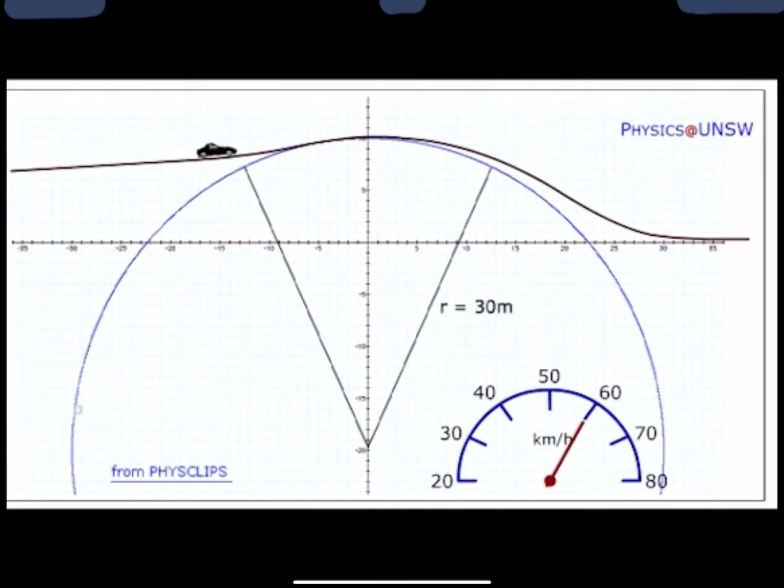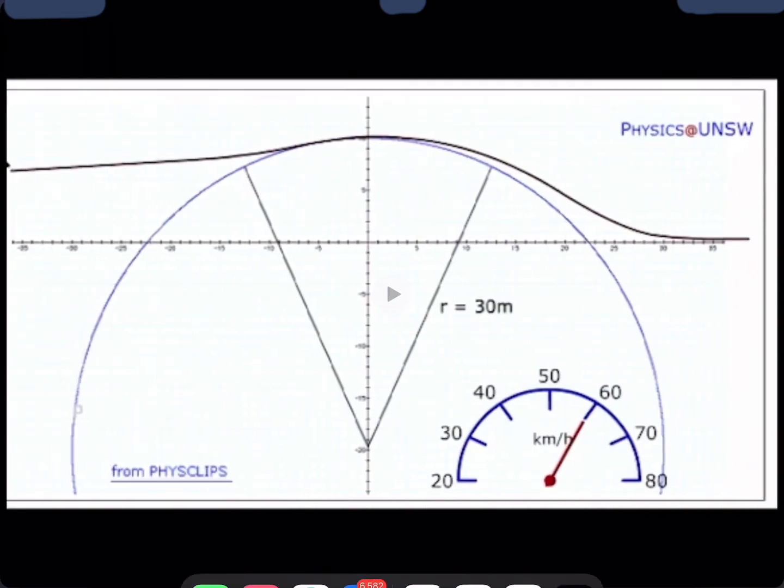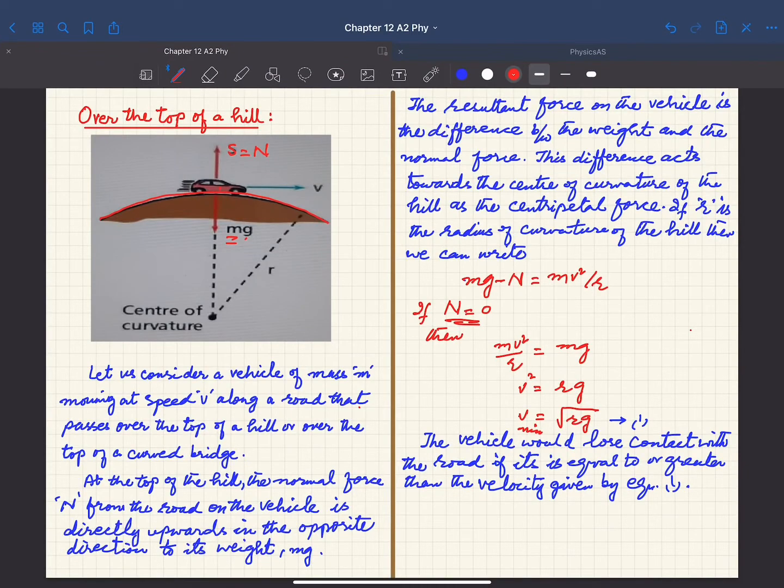So this is very, very important, that the acceleration at the top of the track is a, which is of course toward the center of the circle. But as I said, you will have in this case a minimum speed, and if you go beyond that speed, you cannot stay on the track.